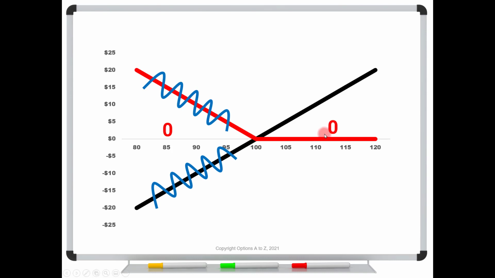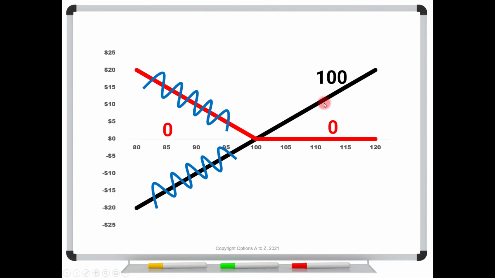Well, over here I can see that we have 0 deltas as well. This red line is flat, but I've also got positive deltas. So if I have positive 100 deltas combined with 0 deltas, I should have, on a net basis, positive 100 deltas. So already I can see that if I use this strike as my dividing line, to the left will be flat, and to the right will lean up like this portion of the black line. It will be 100 deltas.